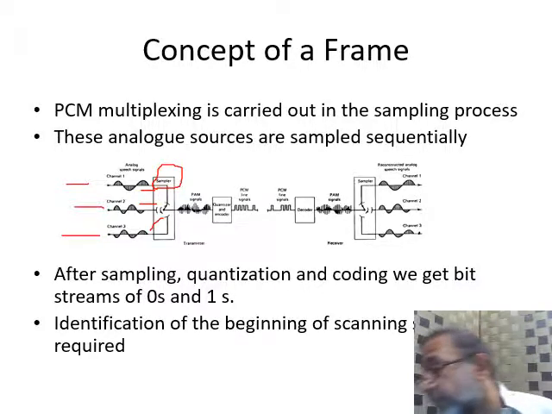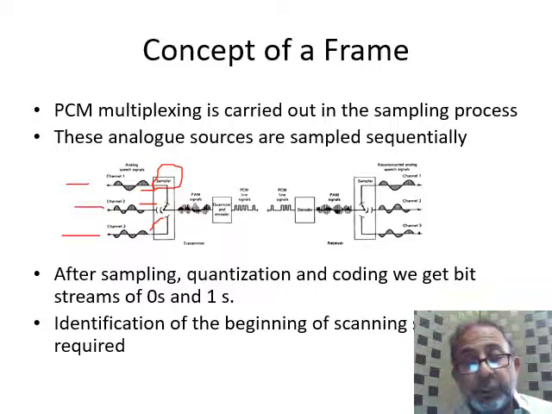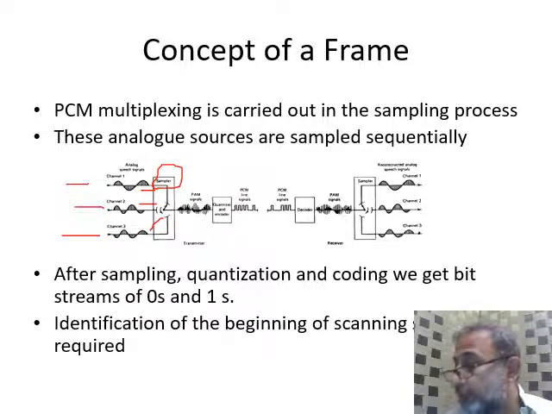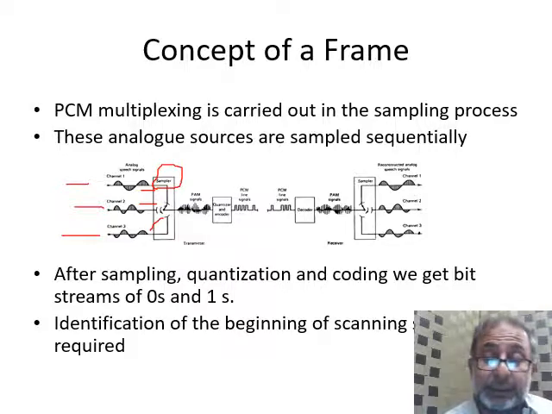Now this information goes into the quantizer, and what does the quantizer do? The quantizer gives particular integer values to each and every signal that we are getting, and the encoder encodes that particular value into binary.